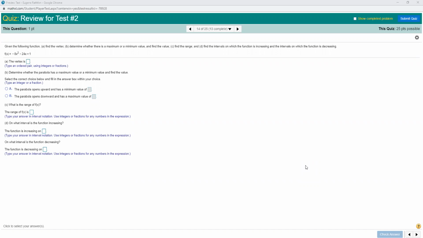So let me see what they want. Vertex, min or max, range, increasing and decreasing. All right, so we're going to work this, although this one's been taken off. So let me go to my screen.